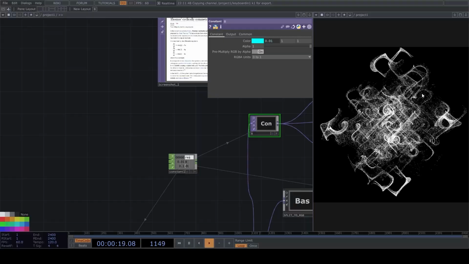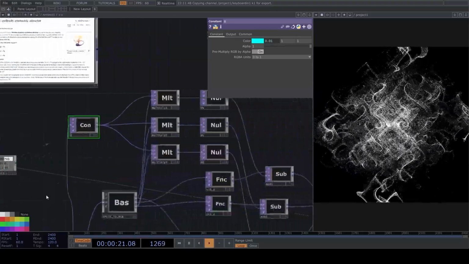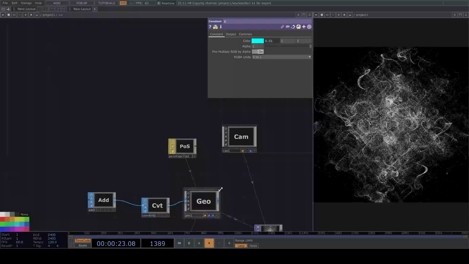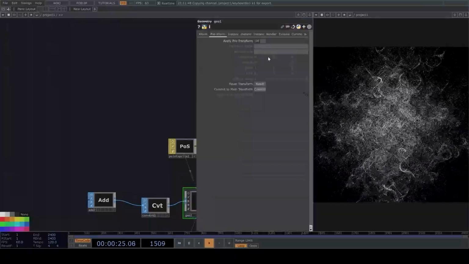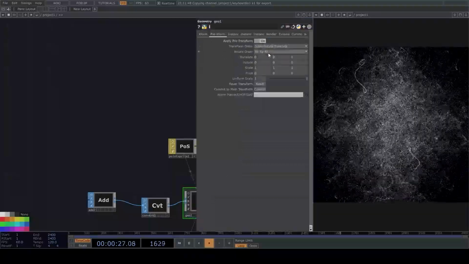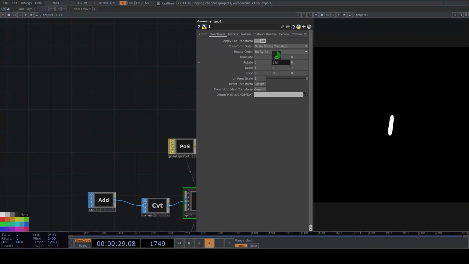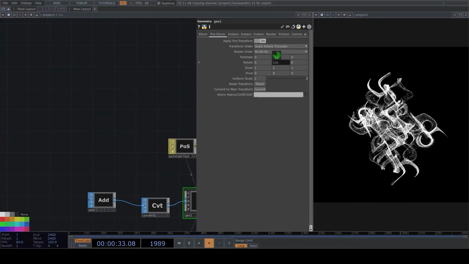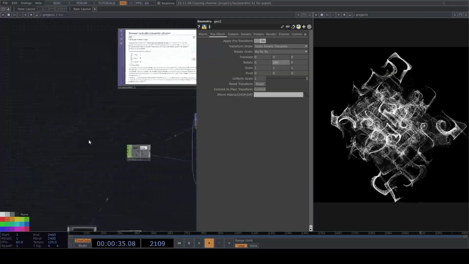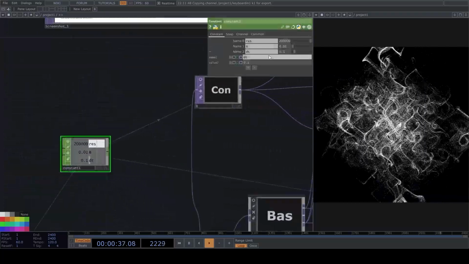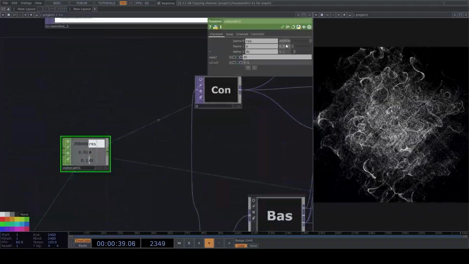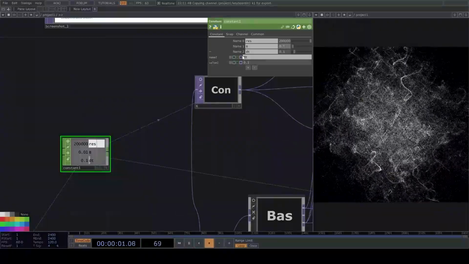Yes, this is a very nice result from scratch, I think. And we could see this is totally 3D.